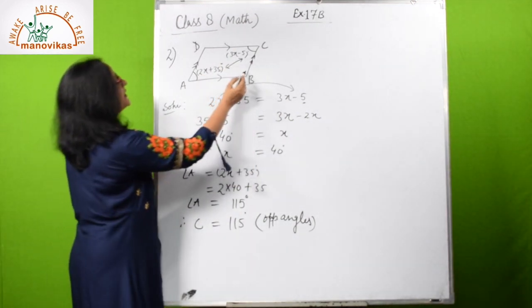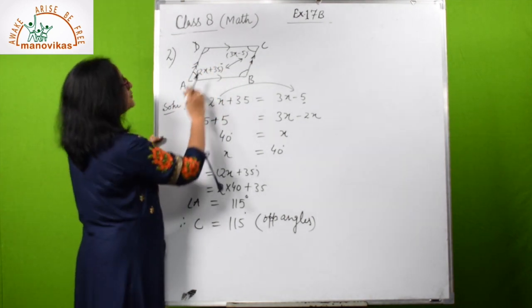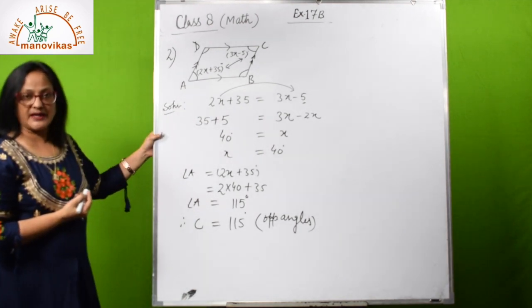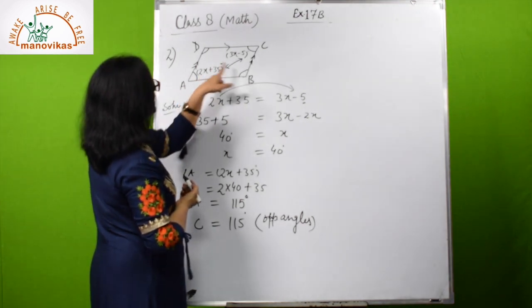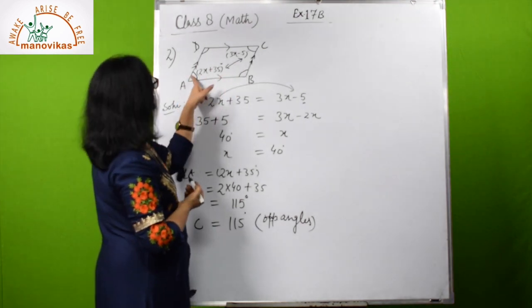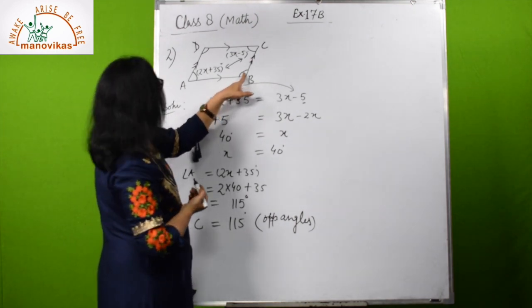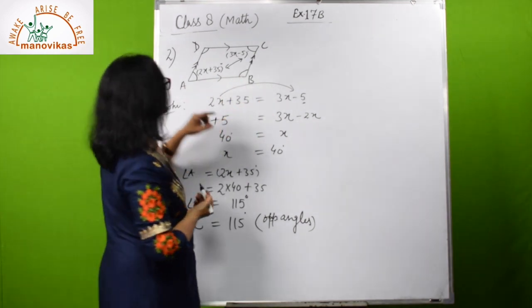Now you have to find angle B and angle D. So any one angle you can find. So we will use another property of the parallelogram. Make the connection between the angle found and the angle that is to be found. You can see here A and B are adjacent angles and adjacent angles are supplementary. So we will use that property here.